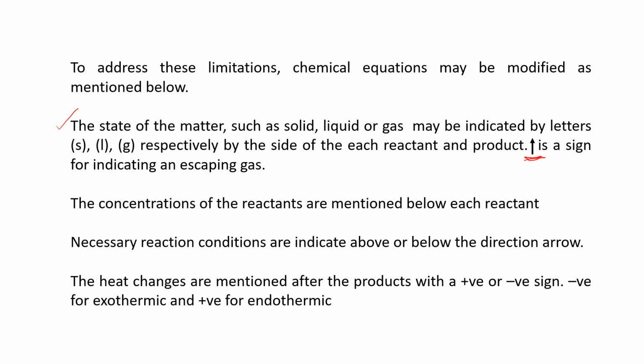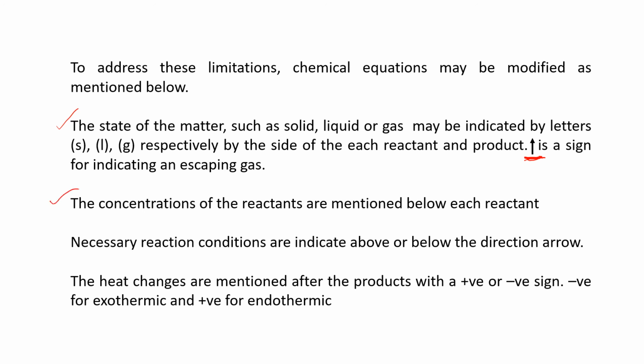Upward arrow is a sign for indicating an escaping gas. If a gas is coming out, then we write this upward arrow beside that gas.